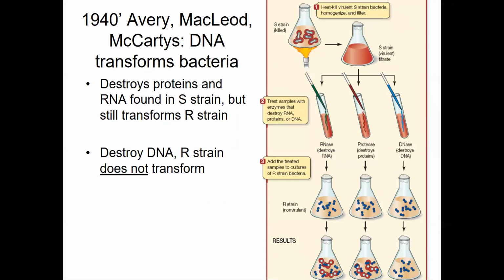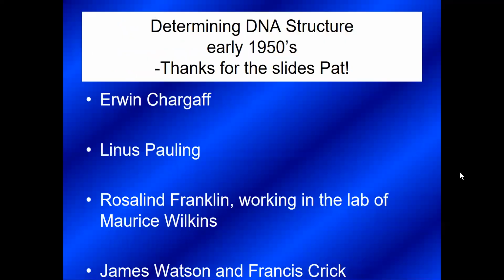So now that scientists have realized that it is the DNA in the chromosomes that has the instructions for different traits of individuals, they still haven't figured out what is the actual structure and shape of DNA.